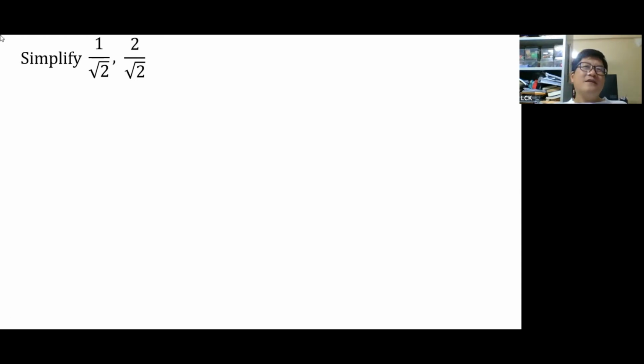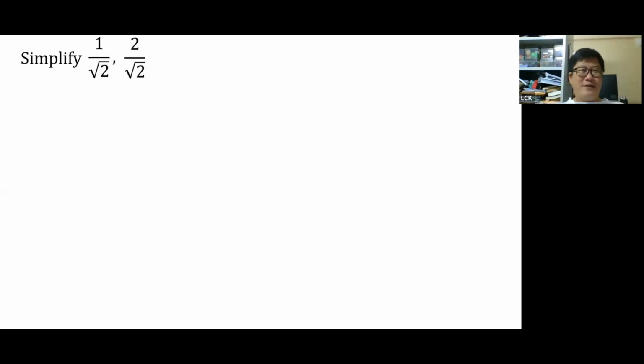So for this reason, you will see that every time a surd appears at the bottom, in the denominator, we try to bring it up to the top. All right? And so when we say simplify 1 over square root 2, what we are saying is, can we somehow not have the surd in the denominator? Can we have it in the numerator? We understand divide by 2, we understand divide by 3, we understand divide by 100, but we don't understand divide by square root 2.